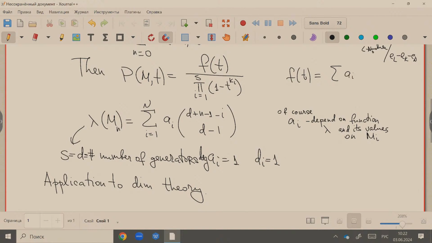That means that you just apply the theorem to calculate the Hilbert polynomial, the Poincare series, you recalculate it in terms of f of t, and then you get these a_i that depend on m and lambda.